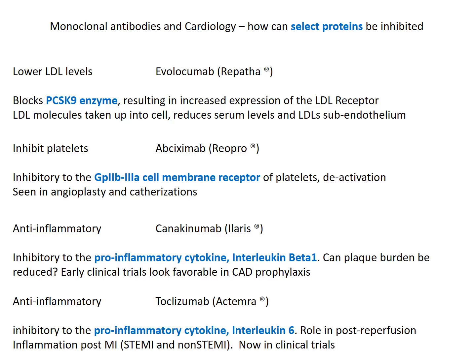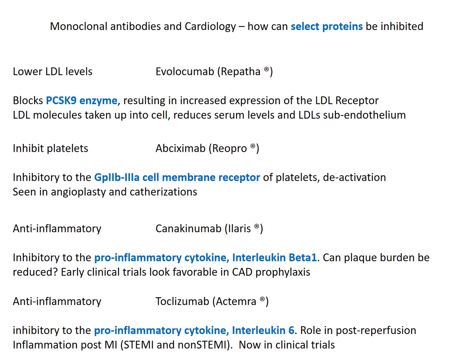And now, this is really, really cool. We talked about the role of inflammation in atherosclerotic plaque. Now there are two monoclonal antibodies, canakinumab and tocilizumab, which are targeting two different inflammatory mediators known to play a role in cardiovascular plaque, where canakinumab is targeting interleukin-1 beta and tocilizumab is targeting interleukin-6.